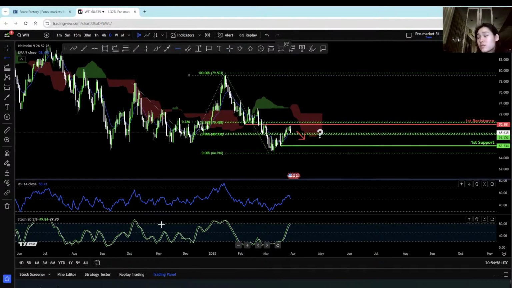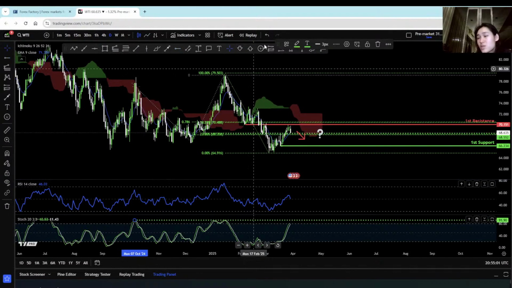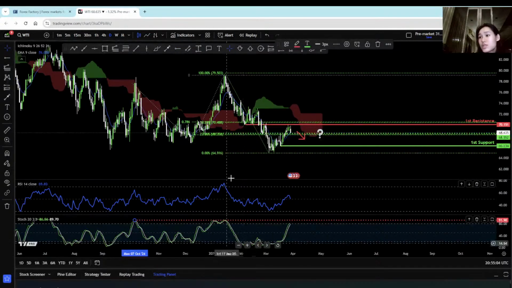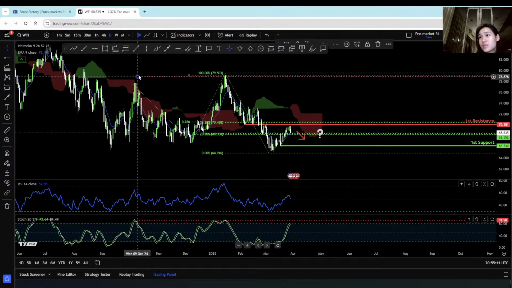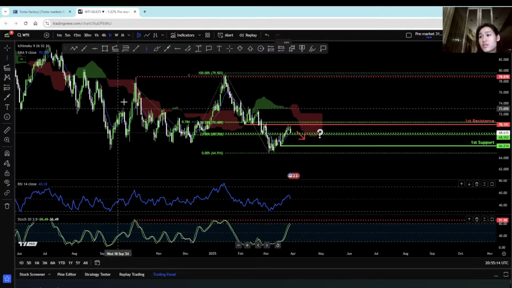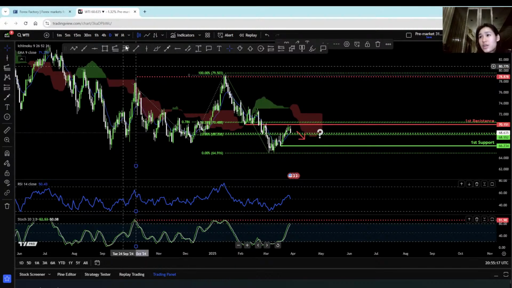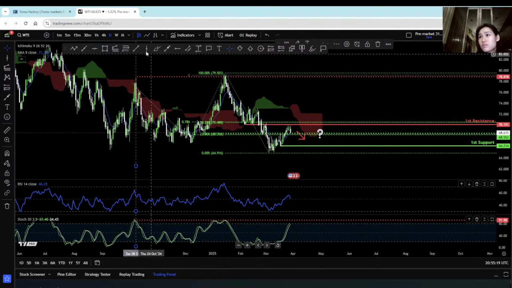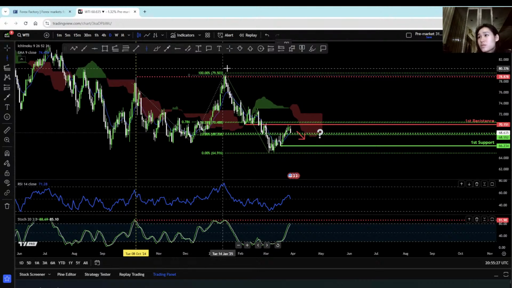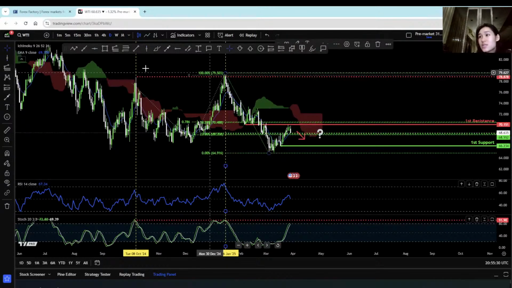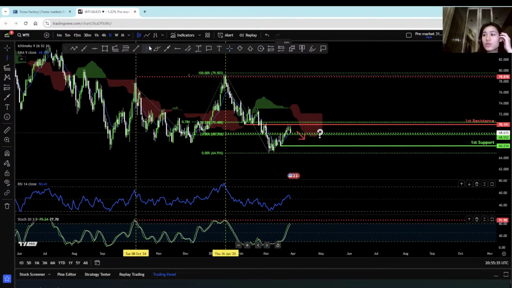Okay, so again, we have this hidden support level, hidden resistance level here. Okay, and it looks like prices are headed towards that level. So you can see on price, at these areas, that it does line up nicely, there is a resistance level there, even on stochastic.